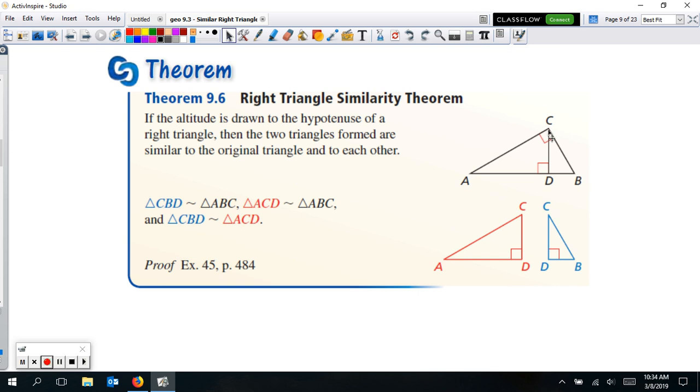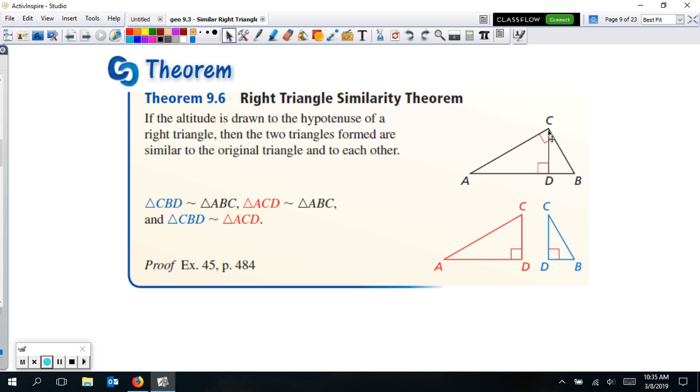So we're going to draw an altitude from the right angle of this triangle to the opposite side, which would be the hypotenuse. An altitude has always got to be perpendicular to that opposite side of the angle. And so that's what this is here. So if an altitude is drawn to the hypotenuse of a right triangle, then the two triangles formed are similar to the original triangle and to each other.